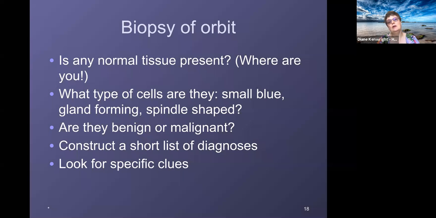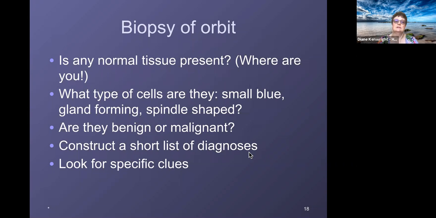The biopsy of the orbit is very similar, okay? Where are you? Is normal tissue present? What type of cells are they? And then the orbit, we often think, are they small blue, gland forming, or spindle? Then again, look, is there pleomorphism, mitoses? In other words, are they benign or malignant?